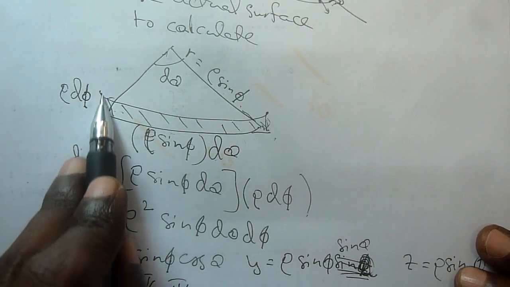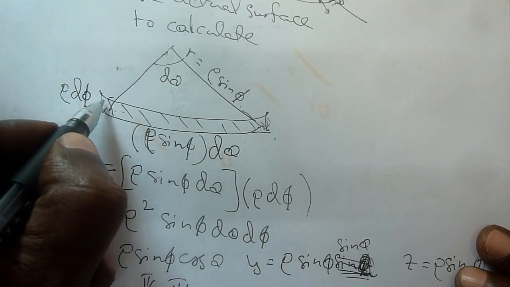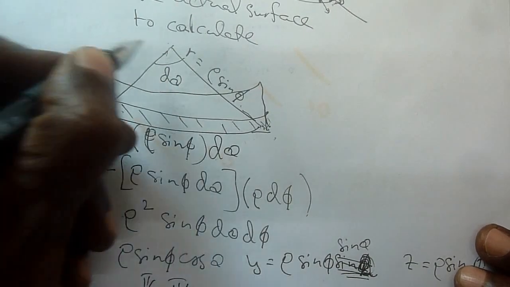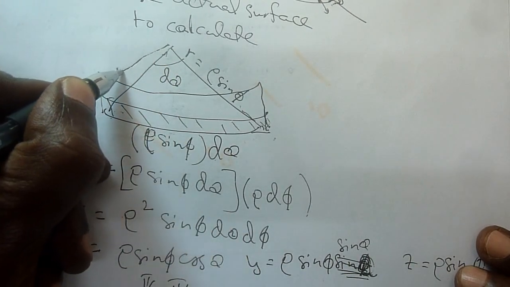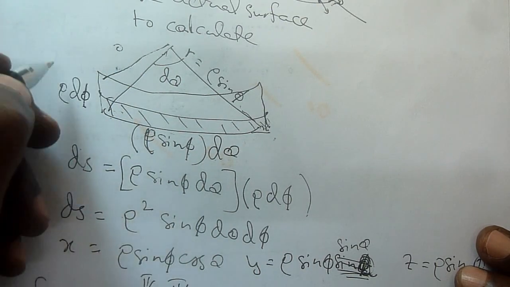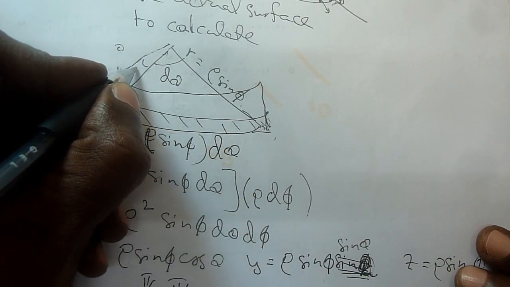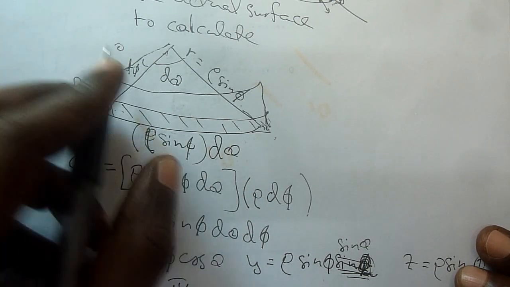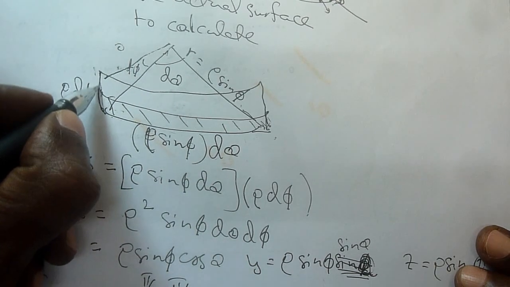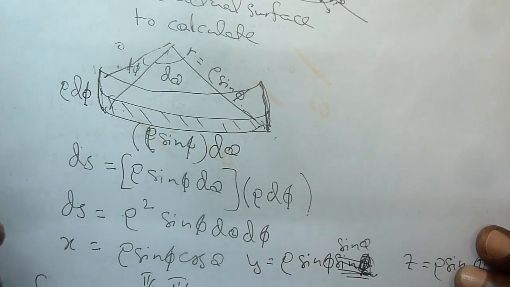Now to pull this up, let's say I pull it up a little bit here, you can imagine. What is this? This is actually rho. Looking at this, it's phi. It's not horizontal anymore, it's d phi. It's not a straight line anymore, it's a curve that is forming here.